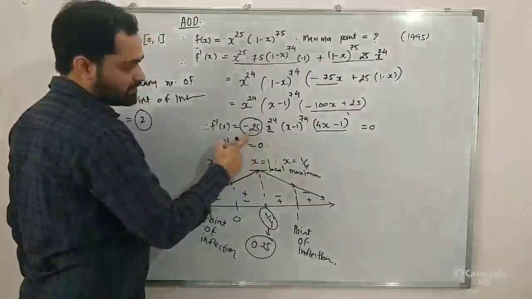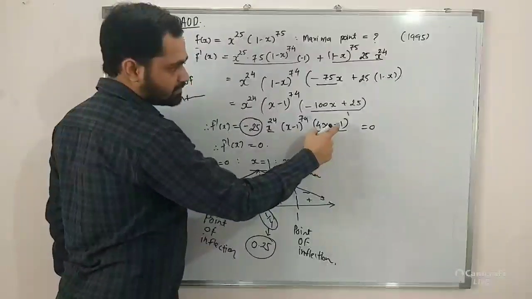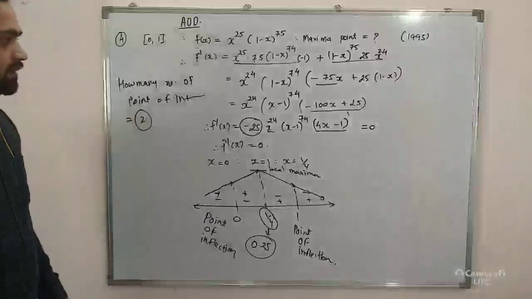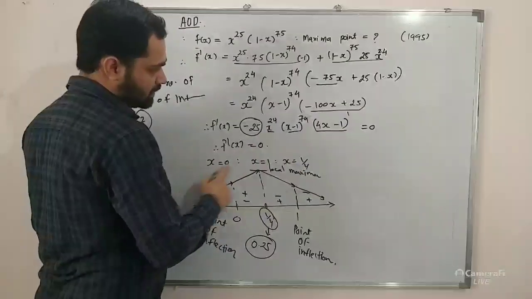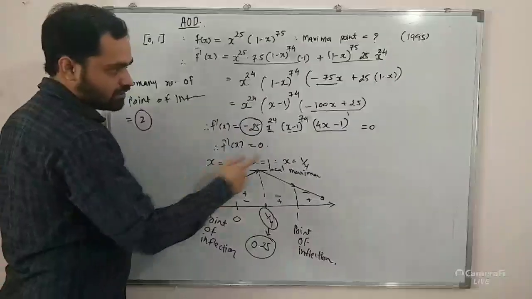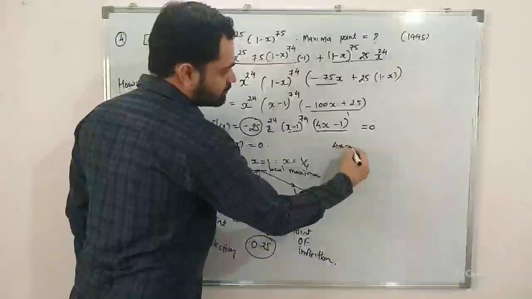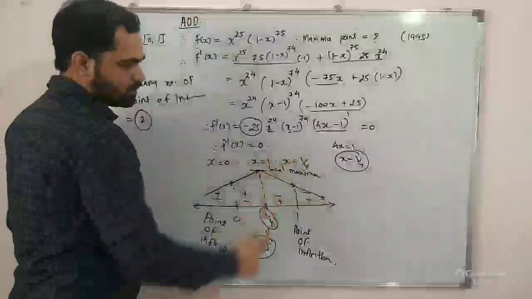So minus 25 is common from this bracket, and the remaining term is 4x minus 1, right? So f dash of x equals 0, x equals 1. From this, x equals 0, and from this bracket 4x equals 1. It means x equals 1 by 4.